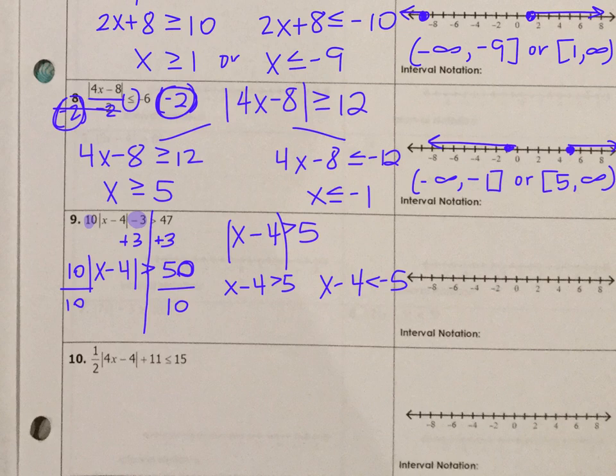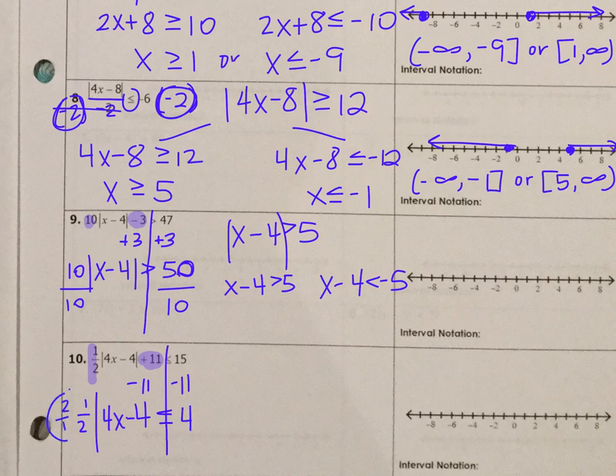Let's look at number 10 just to see how the setup goes. So I have a 1/2 and I have a plus 11 that have to go away. I'm going to have to move that plus 11 first, so I subtract it. 1/2 absolute value of 4x minus 4 is less than or equal to 4.